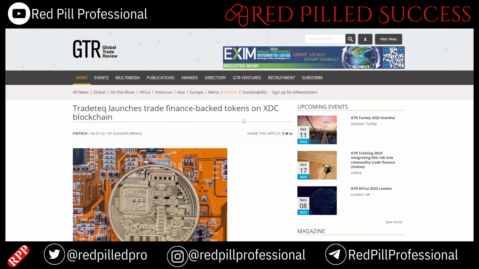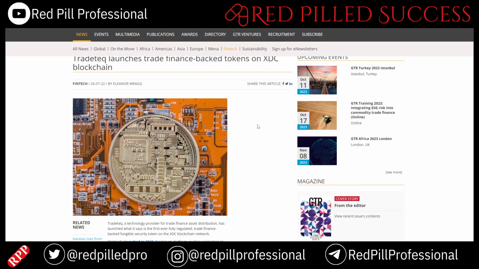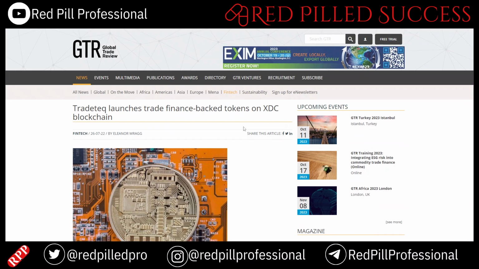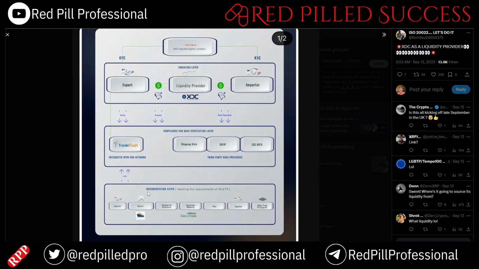So that's really interesting because it is concentrating on a niche market within the trade finance industry that XDC is already involved in as of now, which is a $19 trillion dollar industry right now. So then we move into this documentation layer, and this part is where the trade really comes in to this finance part.